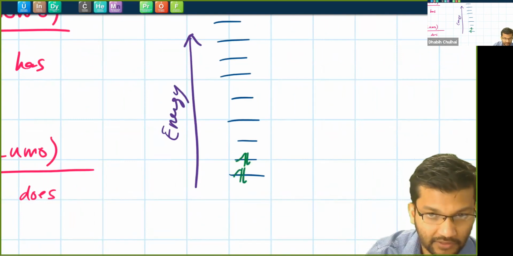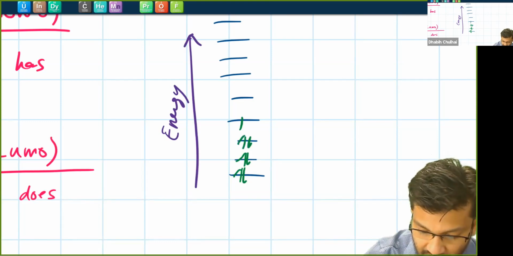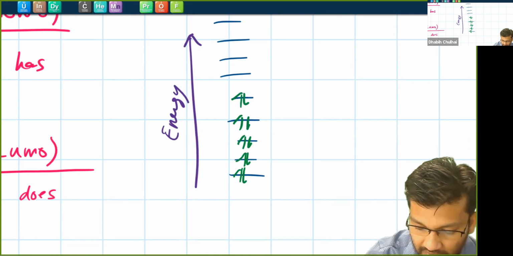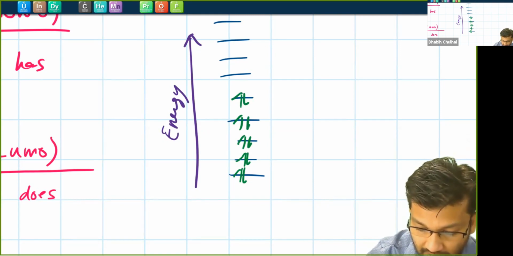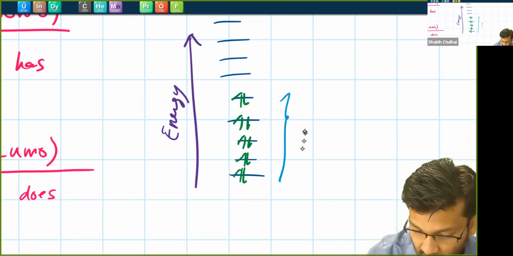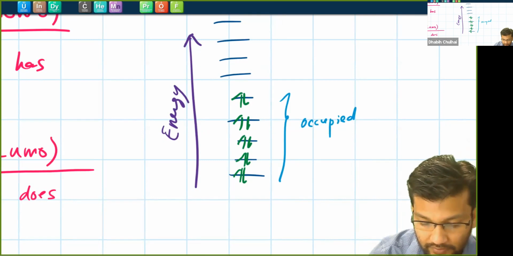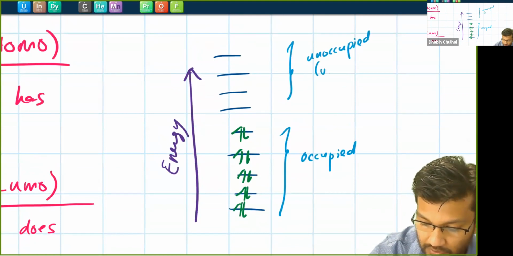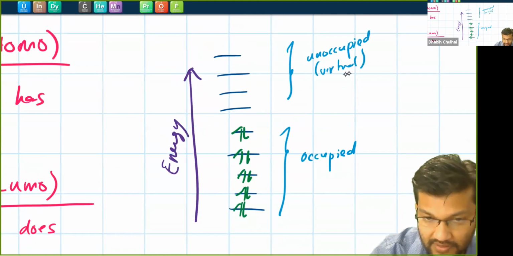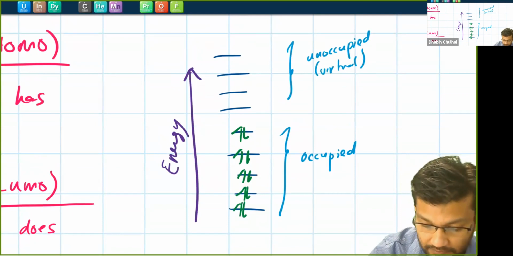Remember, when they get filled with electrons, the Aufbau principle says we have to fill from lowest energy first. So maybe those are all filled, and then the others on top are not filled, right? We say that these are occupied, because they have electrons in them. And these are unoccupied. Some people use the word virtual because there are no electrons in them. So they're unoccupied or virtual.